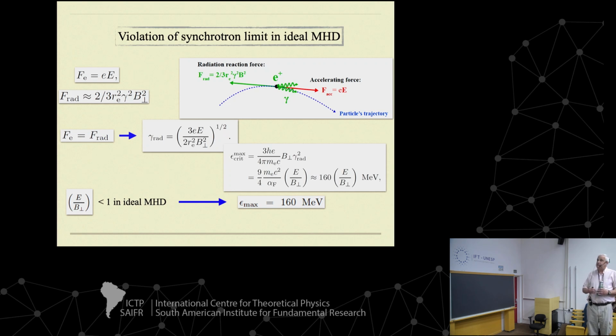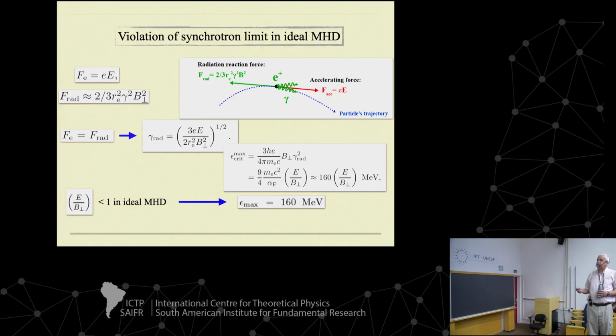But then the accelerated charge will produce radiation, as any accelerated charge, synchrotron radiation, and this is the value of the synchrotron radiation. You remember this formula because I presented it yesterday.